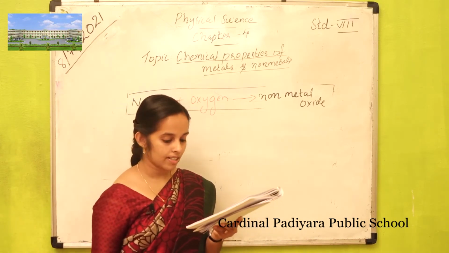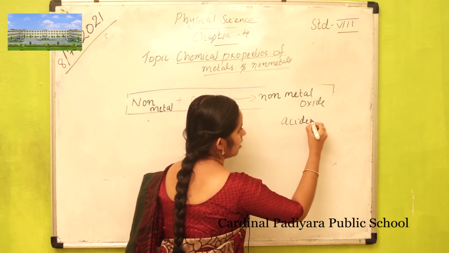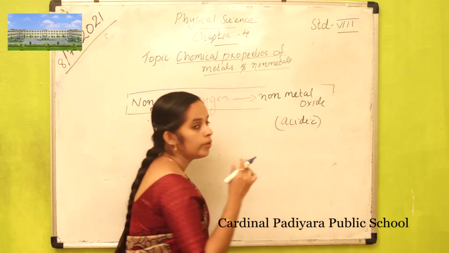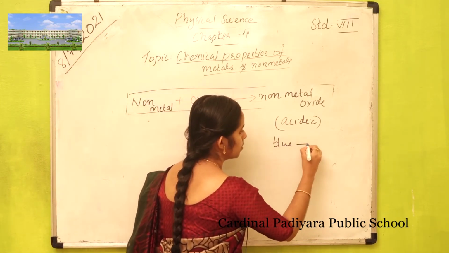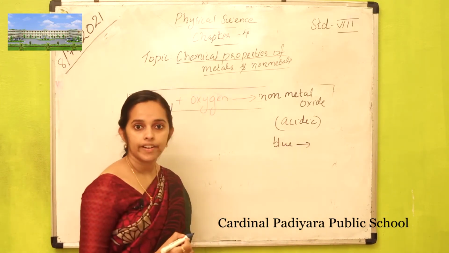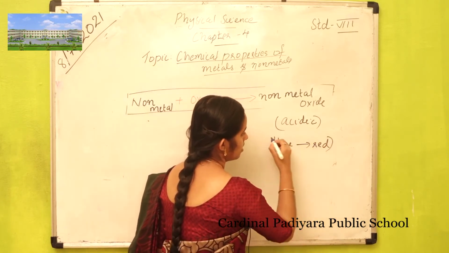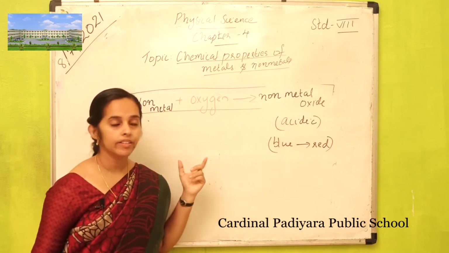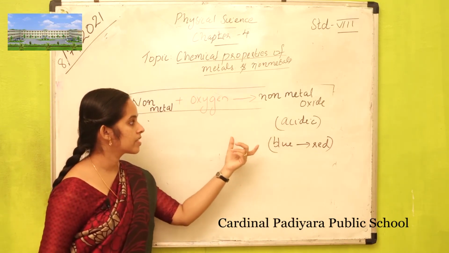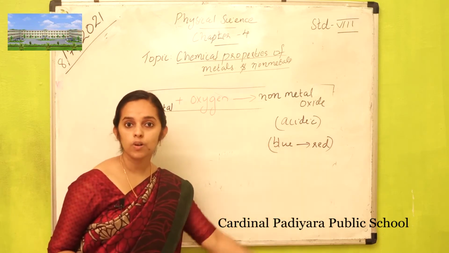Non-metallic oxides are acidic in nature. Which means a blue litmus changes to what? Red litmus. So we can say that the non-metallic oxide formed by the reaction of a non-metal and oxygen gives an acidic solution, or it can change a blue litmus to red litmus.